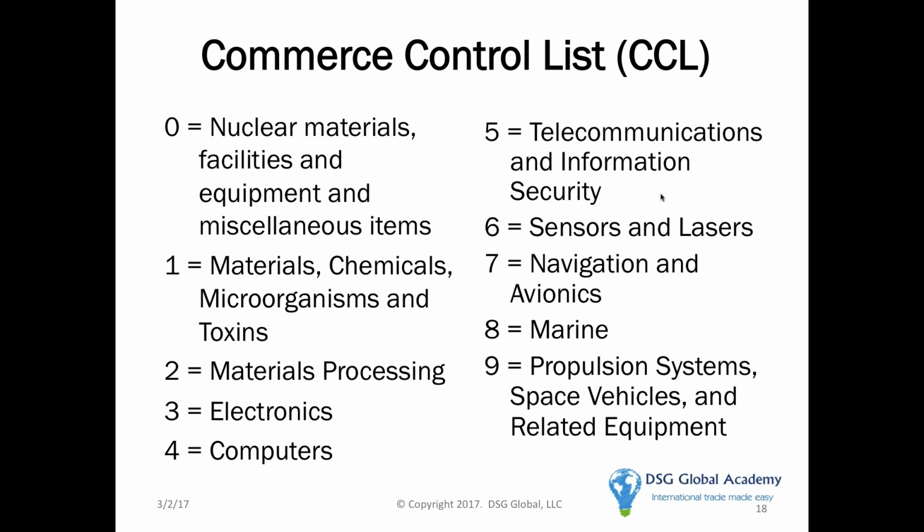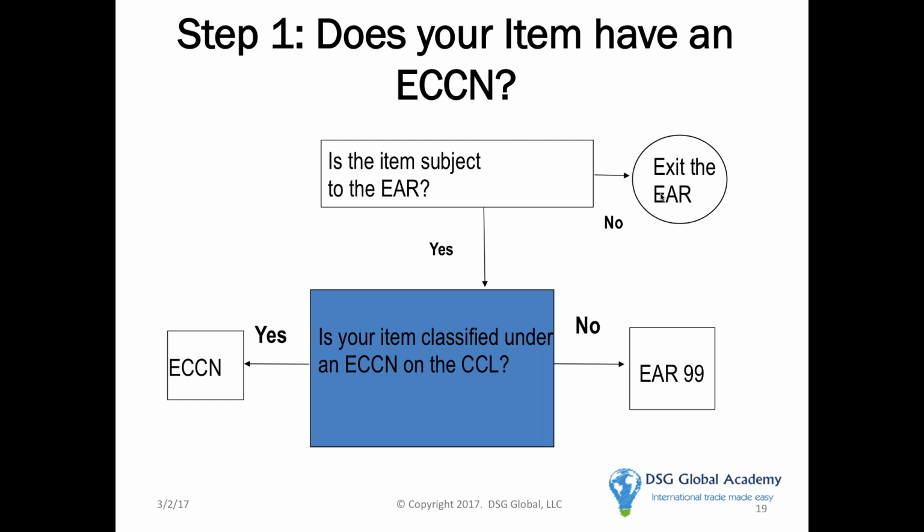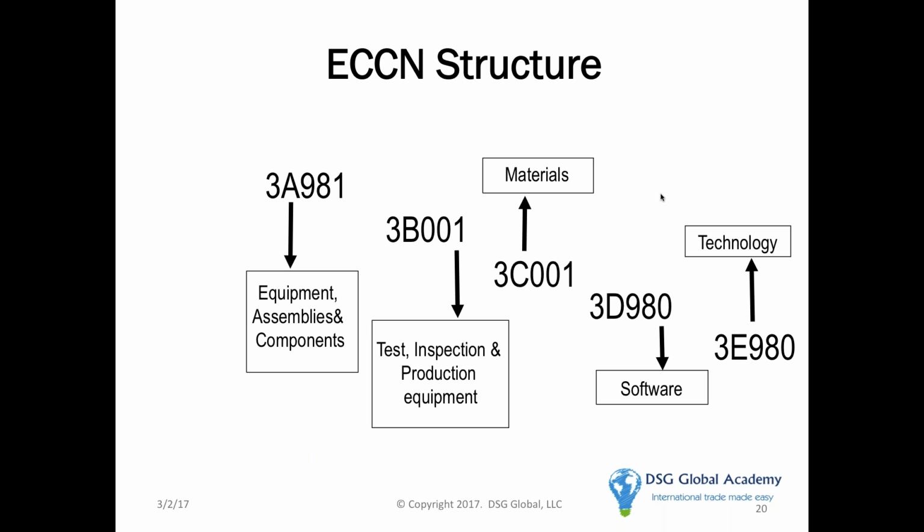And within each of these categories, this is what the structure looks like. So under electronics, it starts with category 3, but then you have something that's called A, B, C, D, and E. And that stands for whether it's equipment, test equipment, materials, software, or technology.